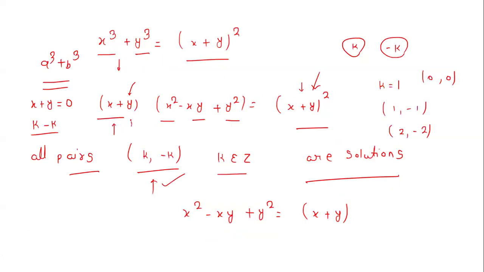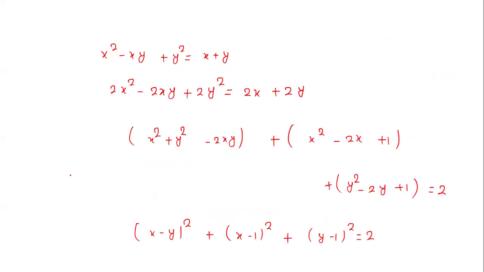Another case: if x plus y is not 0, then you can cancel one factor from both sides and it will become like this. Here you can multiply both sides by 2, so it becomes 2x square minus 2xy plus 2y square, and the right hand side becomes 2x plus 2y.